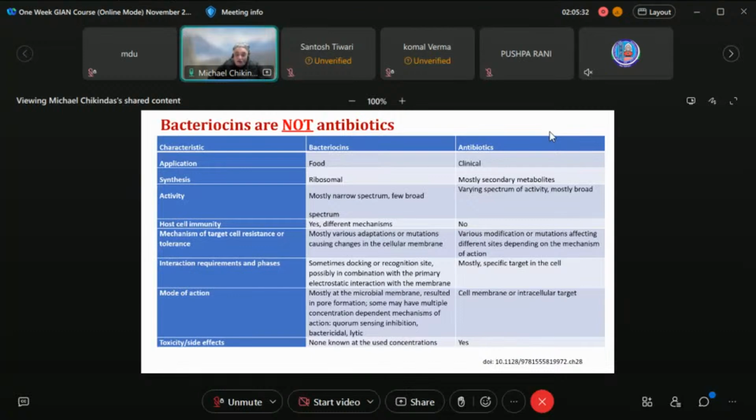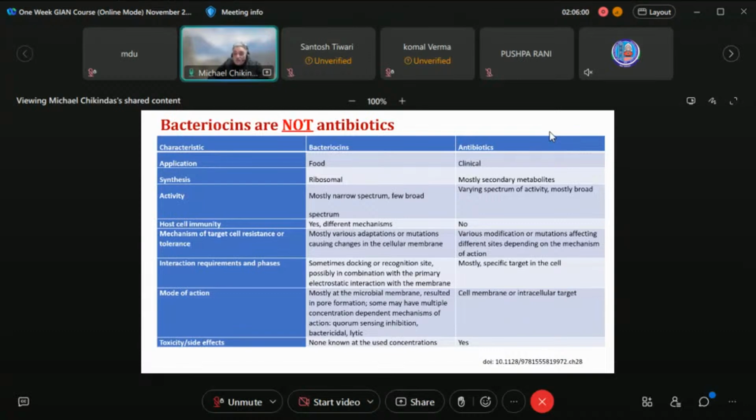Mode of action: many of them, maybe most of them, act on the membrane. They can cause turbulence in the membrane without pore formation. They can cause pore formation. They can work on other things in the membrane and inside the cell, leading to activities that we will talk about.